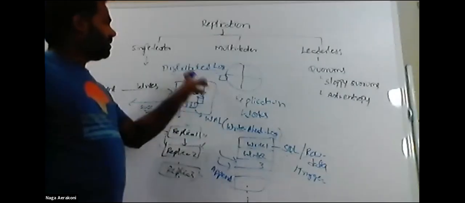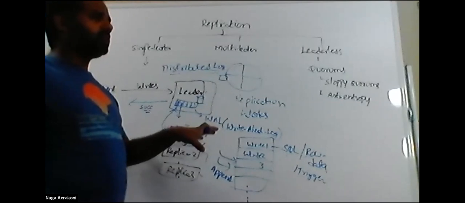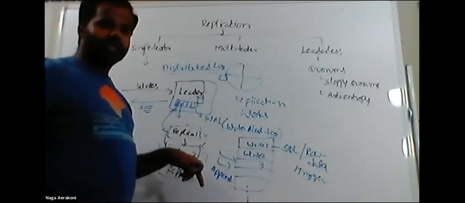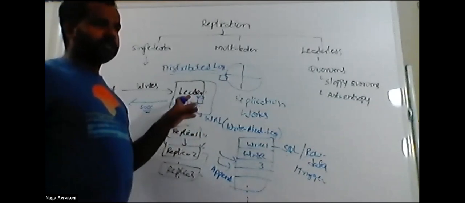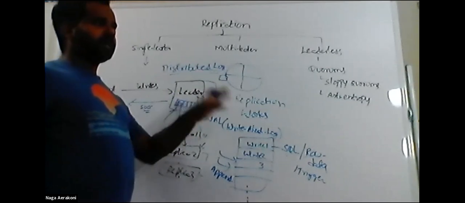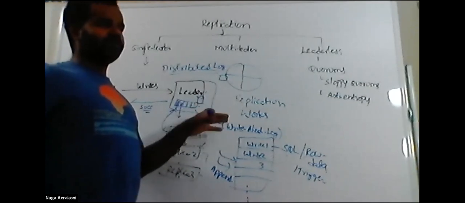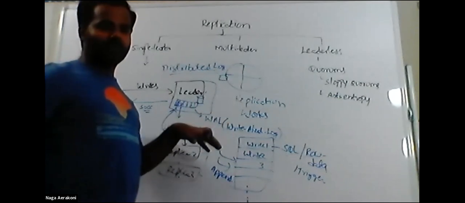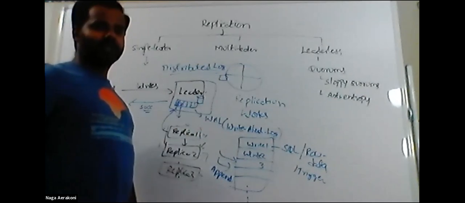And this distributed log, this write ahead log, a similar concept is also used in consensus, where you get multiple nodes to agree to a certain decision or some value whenever you have conflicts. So that's another big concept. Maybe we can cover it in some other place.